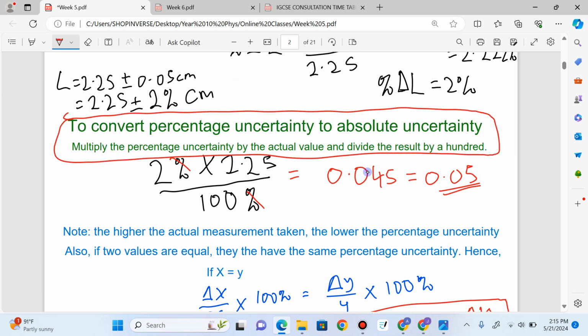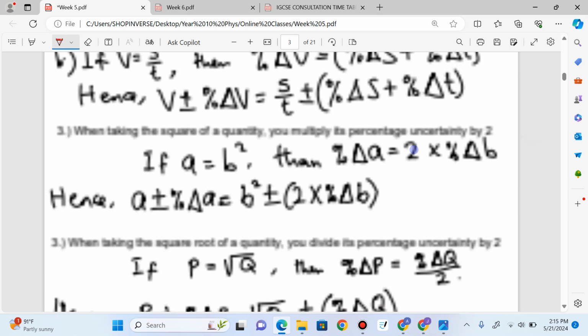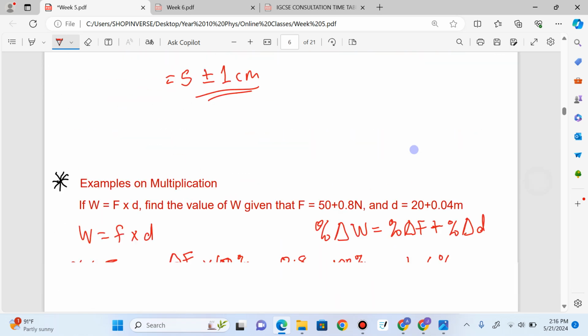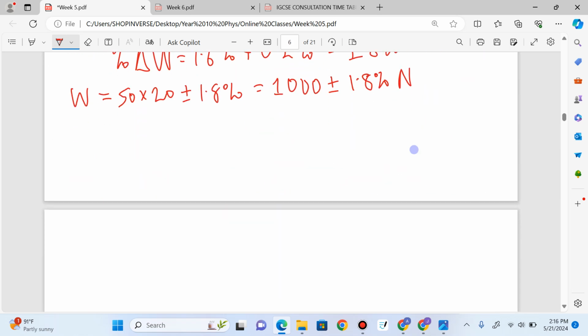Multiply the percentage uncertainty by actual value, and then you divide it by 100. That's how you convert from percentage uncertainty to absolute uncertainty. So I'll do that here. The absolute uncertainty in W equals what? Percentage uncertainty in W multiplied by absolute value of W, and I divide by 100.